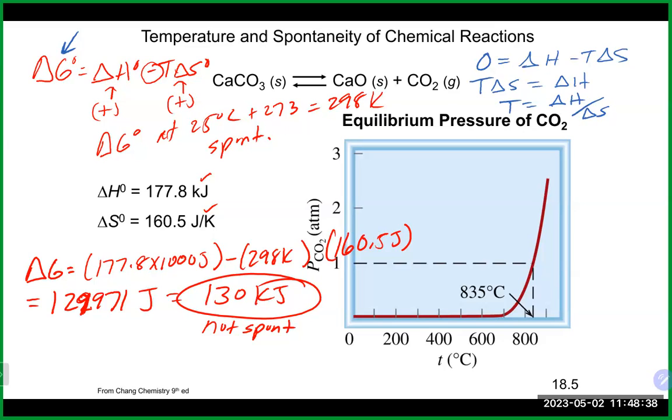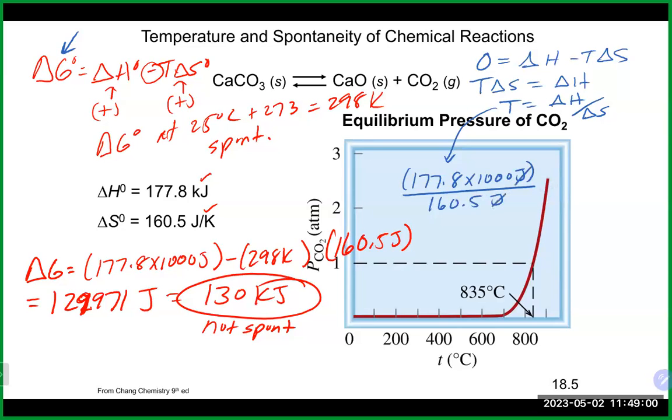And again, in this case, we do have to be careful of units. Once again, I'm going to multiply my delta H by 1,000 to put them into joules. Again, you could go to kilojoules if you prefer. And I'm going to divide this by my delta S, which is in joules.